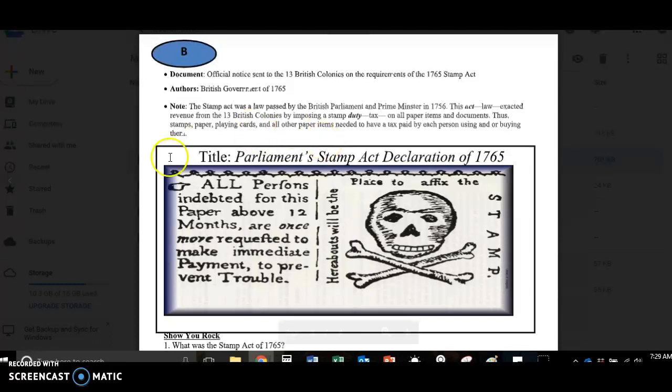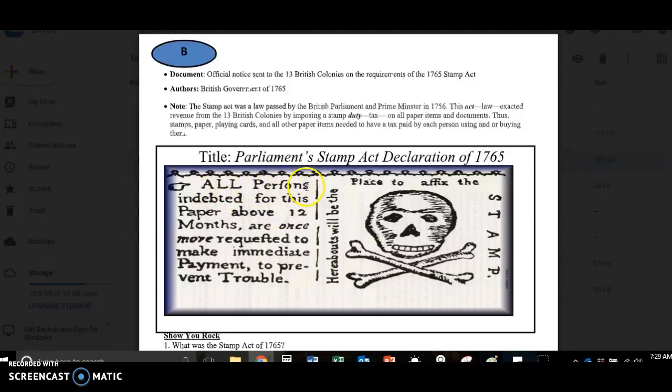If we take a look at the actual notice created by Parliament, we can see that Parliament has provided a message. The message is written in Old English, and so some of the words are spelled very differently from how we spell them today, but we can pretty much understand what the message is saying.